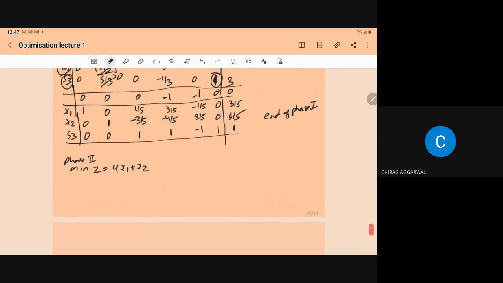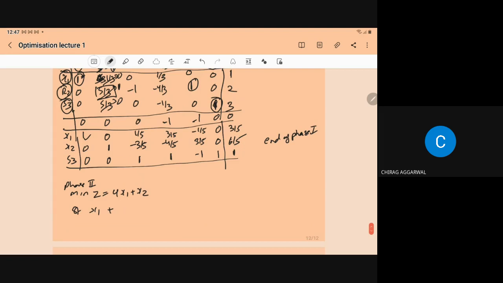Now subject to, with whatever the optimal table of phase 1 gave, the constraints are x1 plus 1 by 5 s2 equal to 3 by 5.